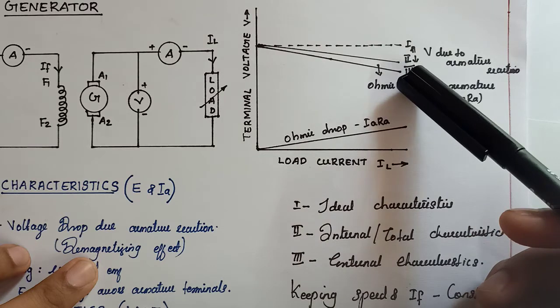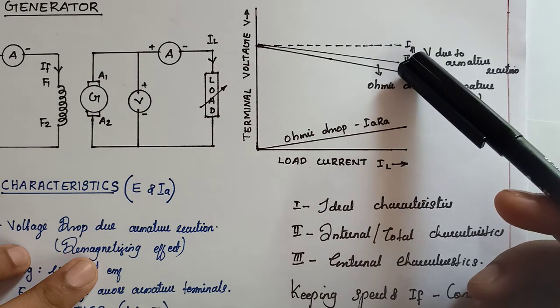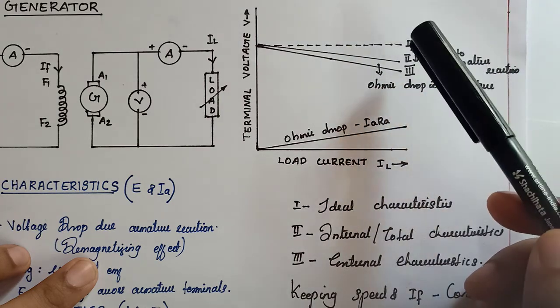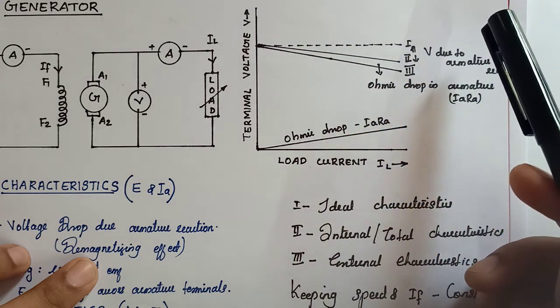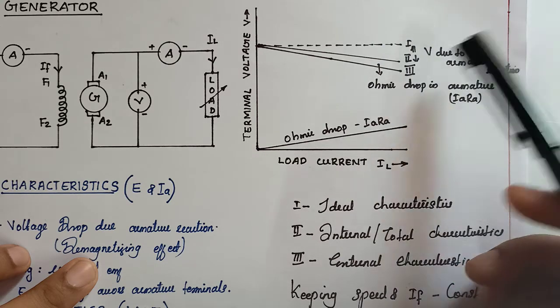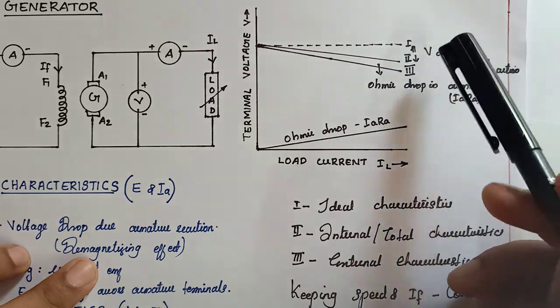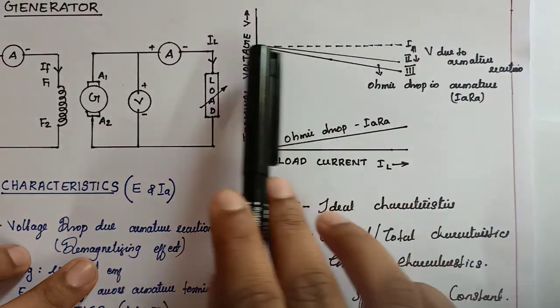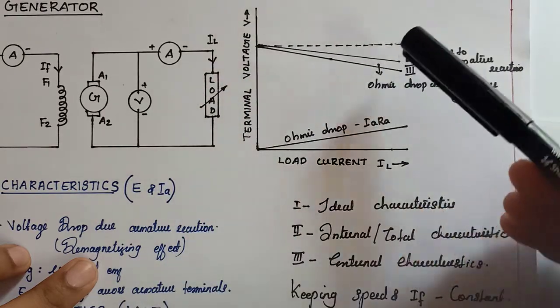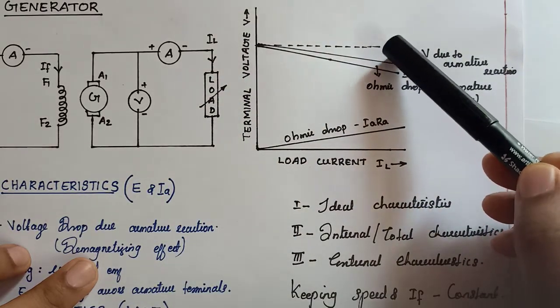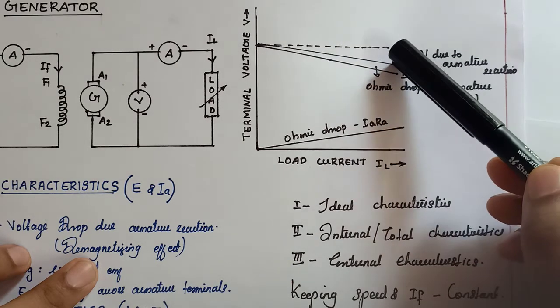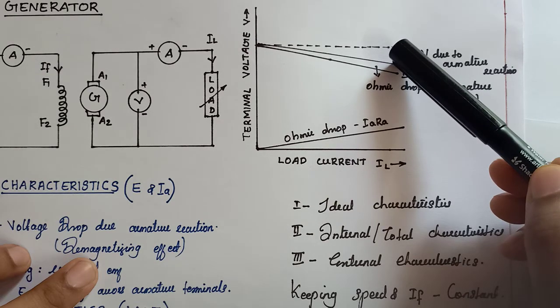The second characteristics is the internal or total characteristics. This gives you the relation between E and IA, and this E includes the voltage drop due to armature reaction, so it is slightly dropping from here to here due to the demagnetizing effect of armature reaction. So that is the internal characteristics of the separately excited generator.